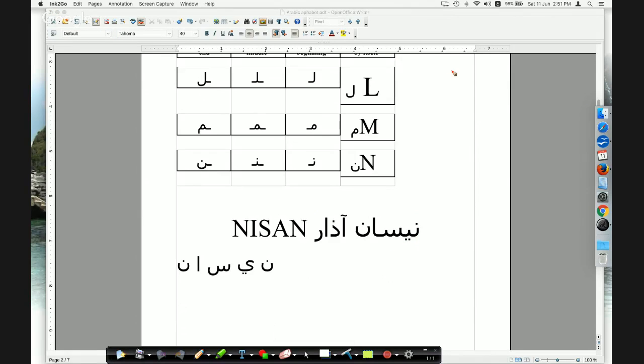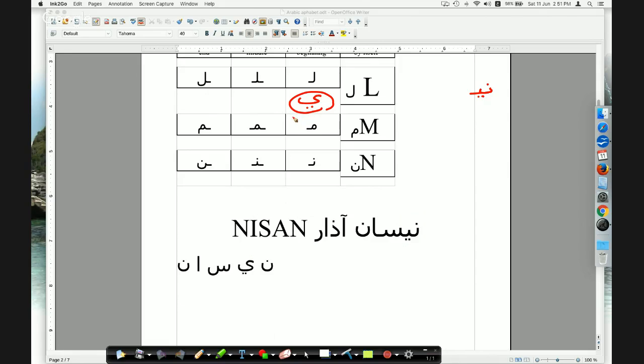So we are writing Nisan. Ni, this is na, and now there's ya. But how come here by itself it looks like a duck and there are two letters underneath it? You see what I'm talking about? This is the original way for the letter ya.